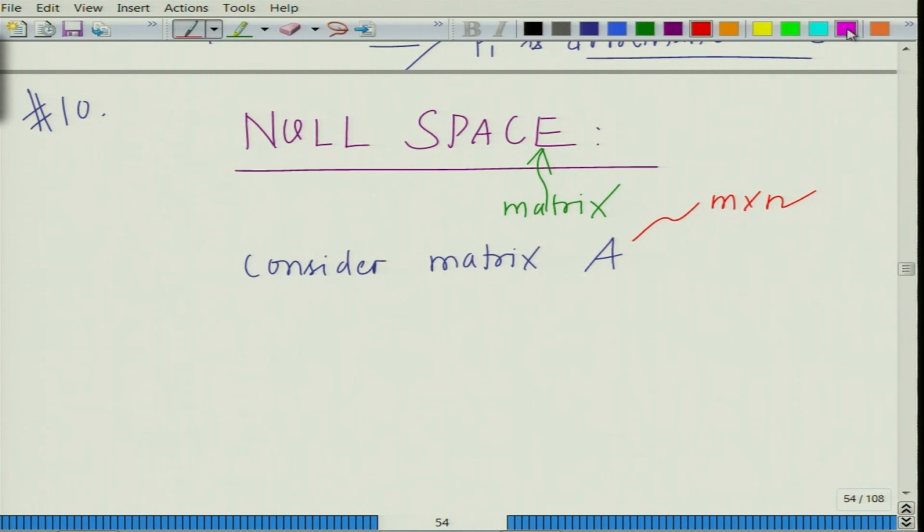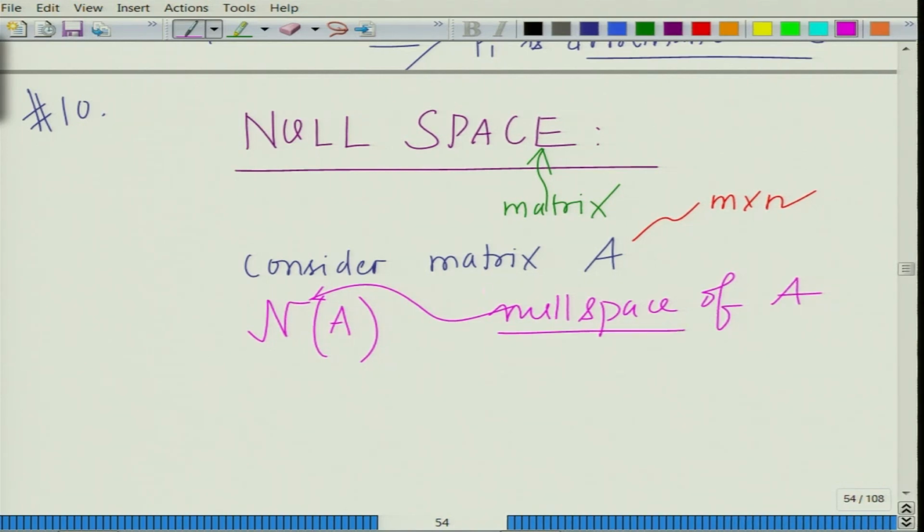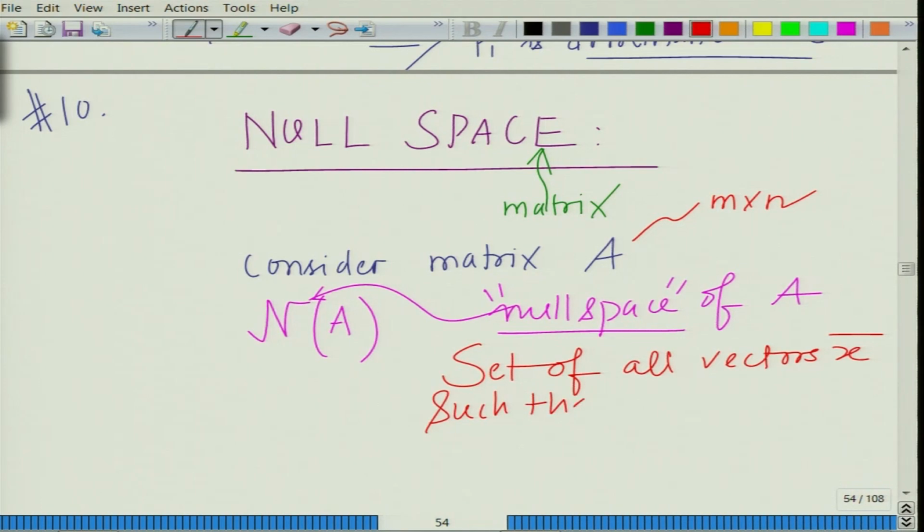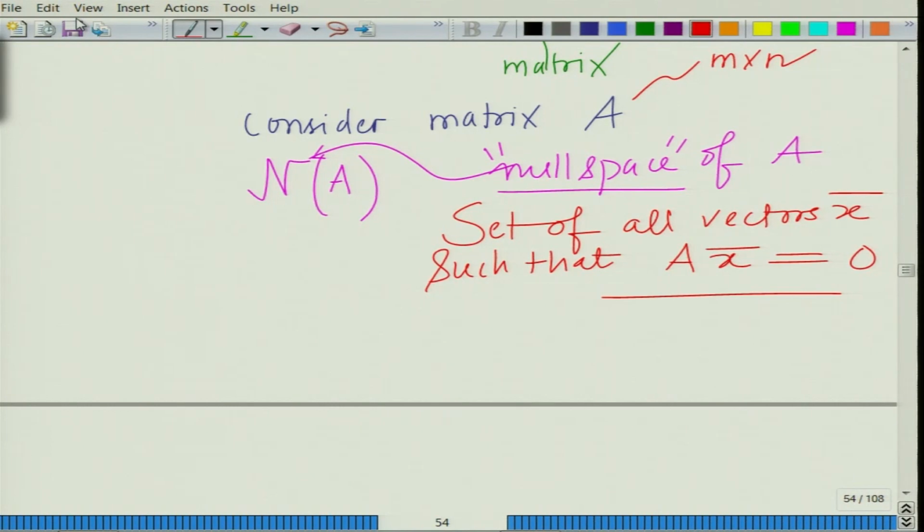Then the null space of this matrix, which is denoted by N of A, is the set of all vectors x bar such that A x bar equals 0.